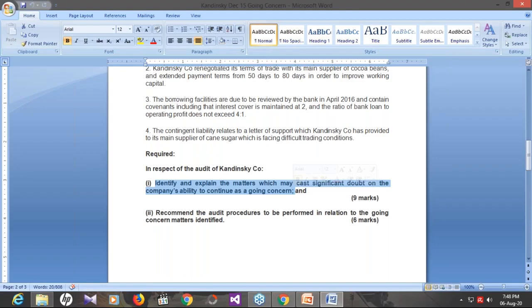So this is important, and recommend the audit procedures to be performed in relation to the going concern matters identified. You can see 6 marks are allotted for part 2. So this means you should try to write 12 procedures in context to requirement 2. As discussed yesterday, I hope you understood the reason why I'm asking you to write double procedures compared to marks.